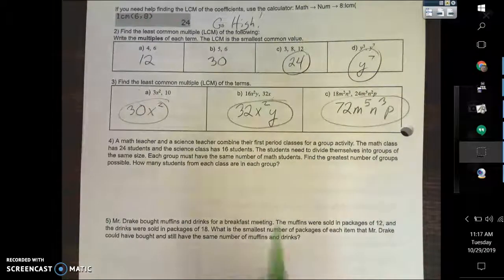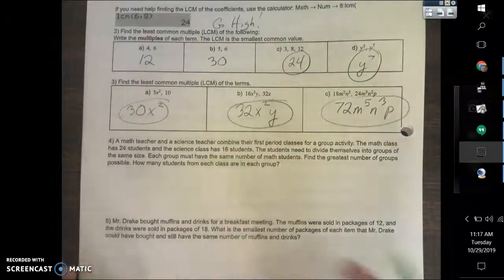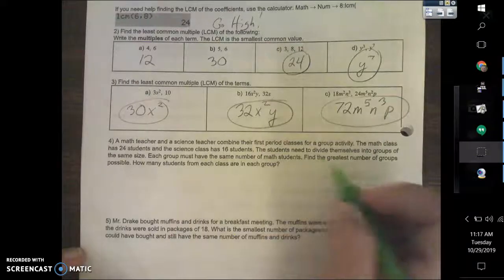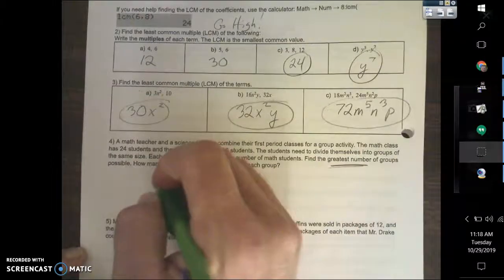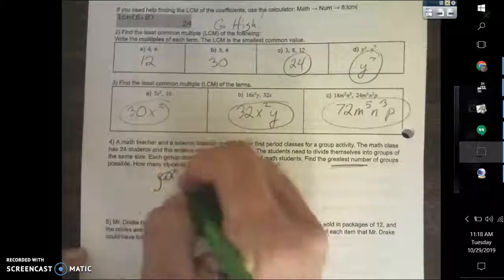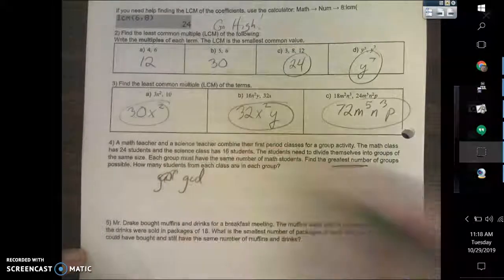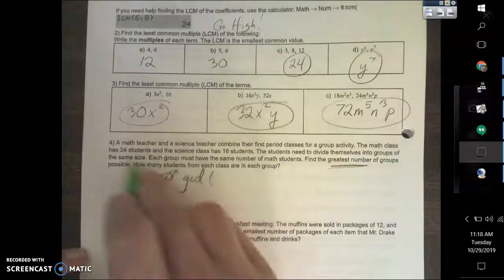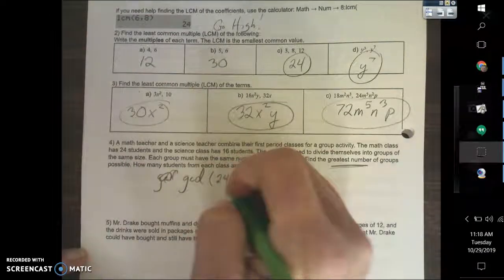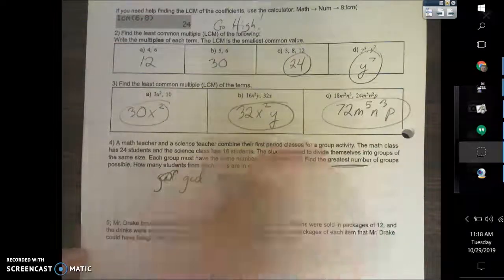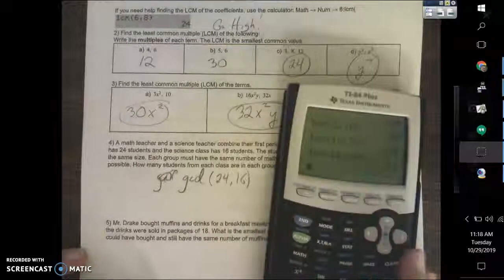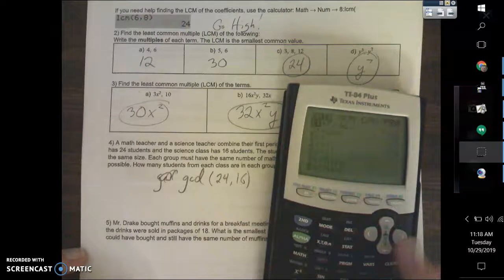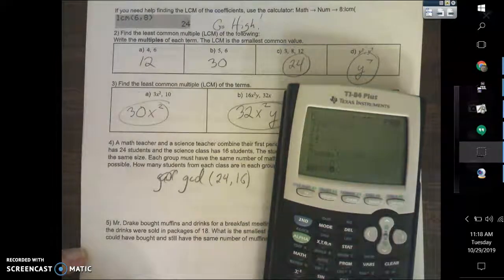Well, if you're looking at 24 and 16, I'm trying to go low. I'm trying to make them into smaller groups. So find the greatest number, GCD, GCF or GCD. So I want to find the greatest common divisor of 24 and 16. So I go GCD, math, go to the right, number 9, 24, 16.